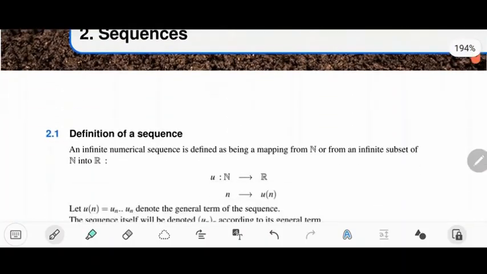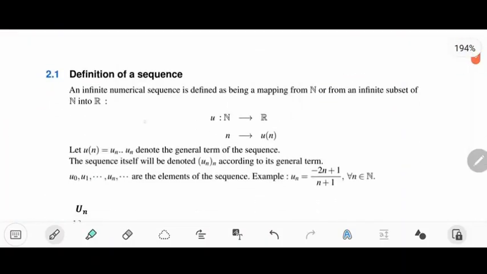So mathematically, a sequence is defined as a mapping from N or an infinite subset of N into R. It means that we take a mapping, which is a relation between sets, and you will study the properties of mappings in algebra courses.